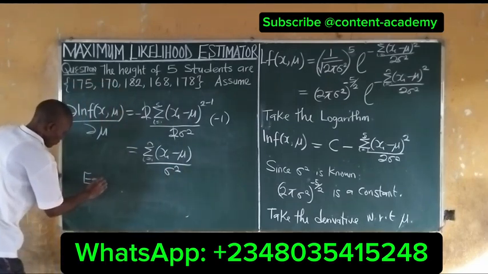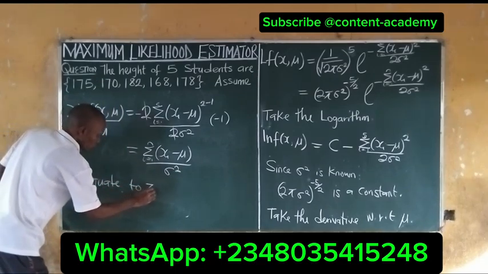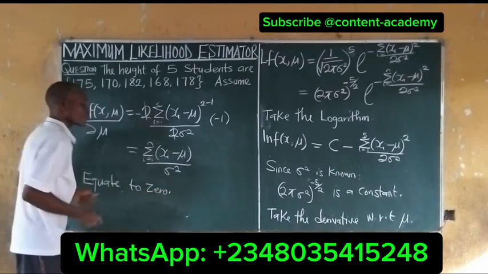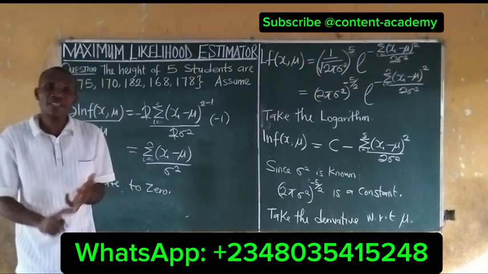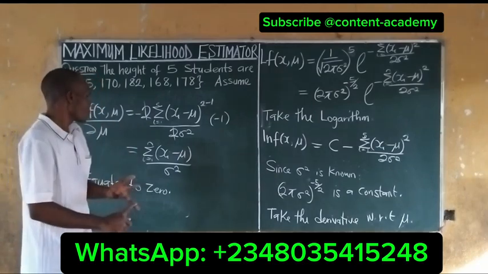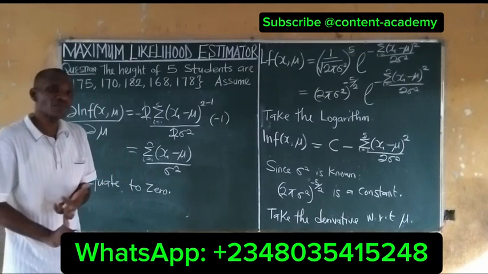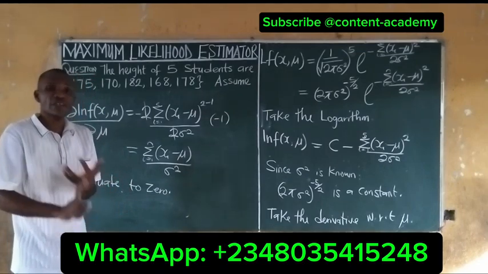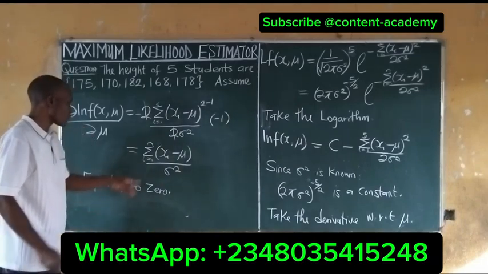For maximum likelihood estimator, you equate to 0. So for maximum likelihood, the first thing to do is to take the likelihood function. The second thing to do is to take the logarithm of that function. The third thing to do is to take the differential. You take the differential with respect to that particular parameter you're looking for and you equate to 0. So we'll equate this to 0.